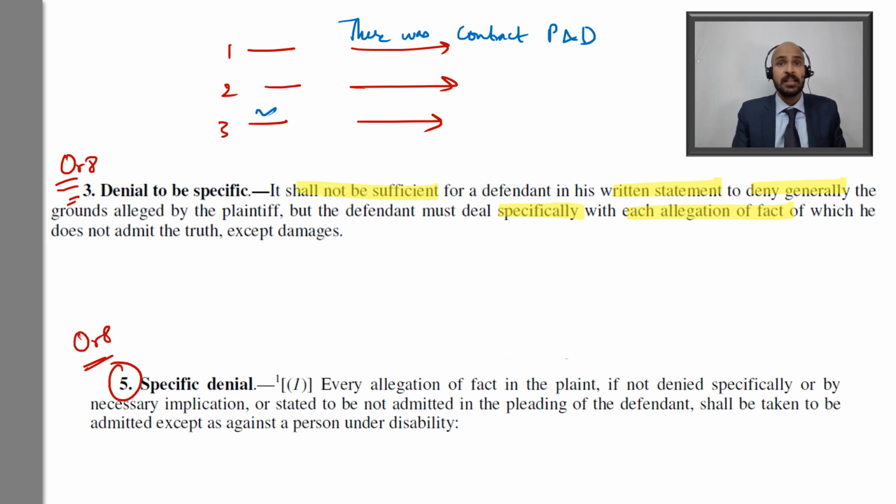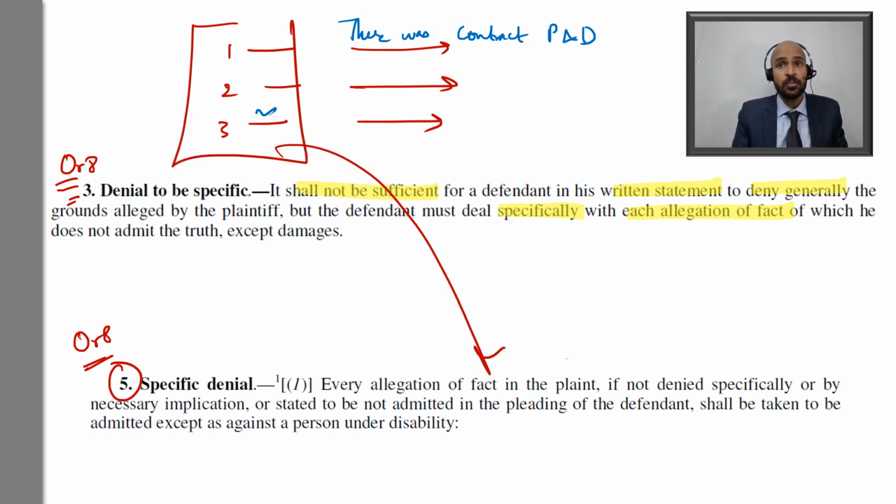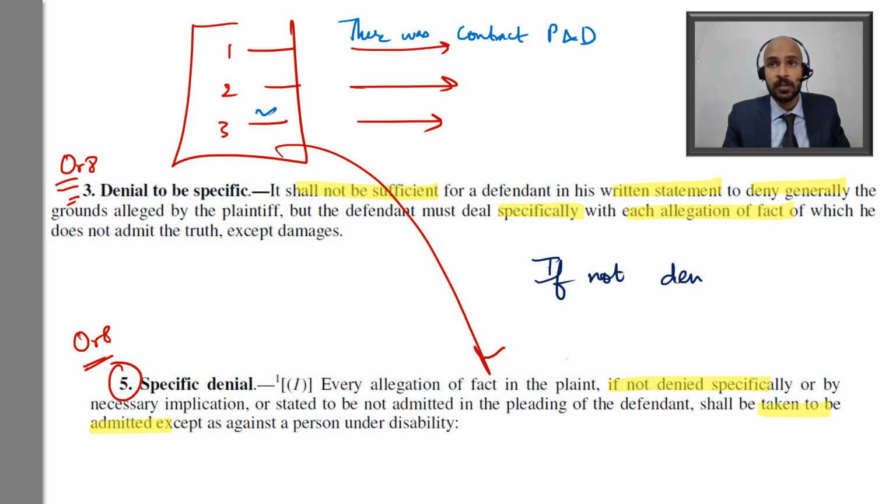It says that every allegation in the plaint, if it is not specifically denied, will be taken to be admitted, which means that if you do not deny something, it is treated as an admission. So you should understand that if not denied, it is deemed to be admitted.